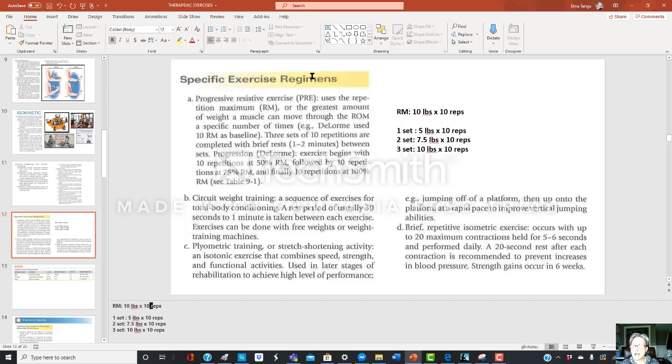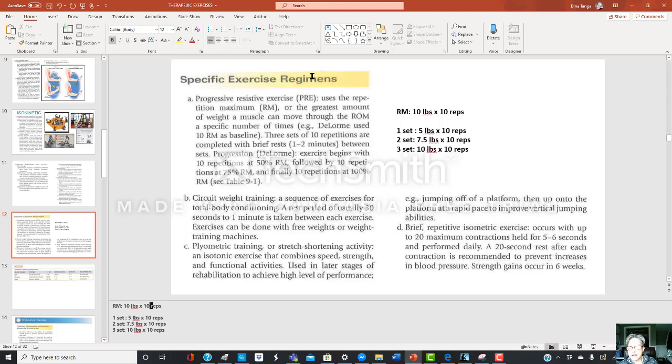Brief, repetitive, isometric exercise occurs with up to 20 maximum contractions held for 5 to 6 seconds and performed daily. A 20-second rest after each contraction is recommended to prevent increases in blood pressure. Strength gains occur in 6 weeks.